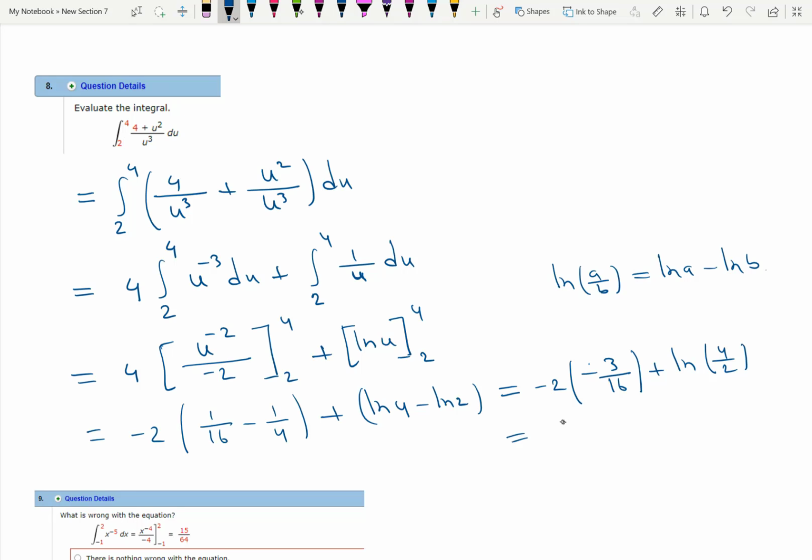So it becomes 3 over 8 plus ln of 2. So this is the answer.